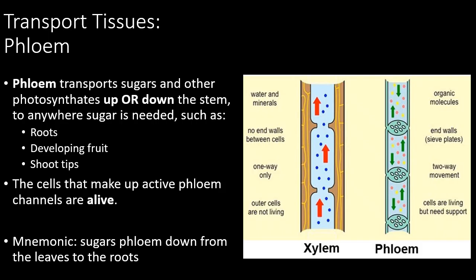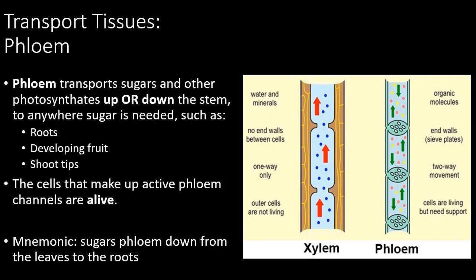Those could be like insect repellent chemicals. Those could be, maybe starches, whatever the plant wants to make with those sugars. Phloem is used to transport sugar and the other things that the plant has made with those sugars up or down the stem to anywhere that sugar or photosynthetic product is needed.